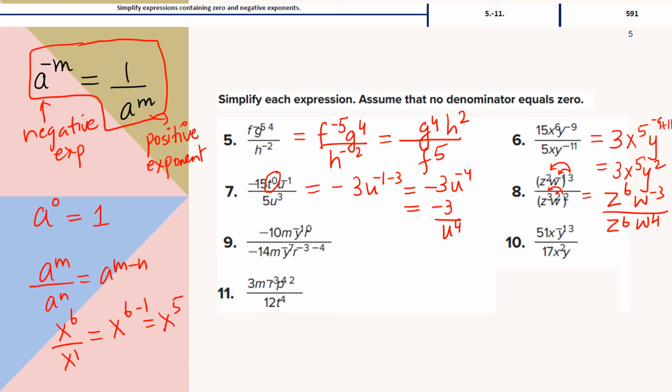So when you simplify, z to the power 6, z to the power 6 cancels, and this is going to give you w to the power minus 3 minus 4, which is w to the power minus 7, or 1 over w to the power 7.